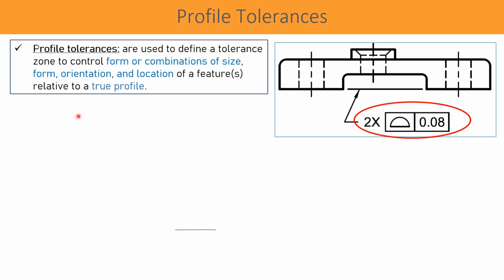According to the international GD&T standard ASME Y14.5, profile tolerances are used to define a tolerance zone to control the form or combination of size, form, orientation and location of features, and those are relative to a true profile.